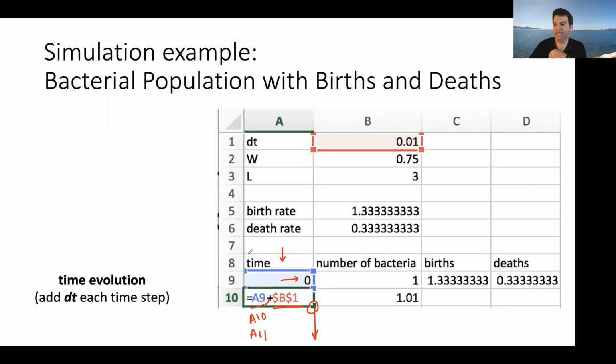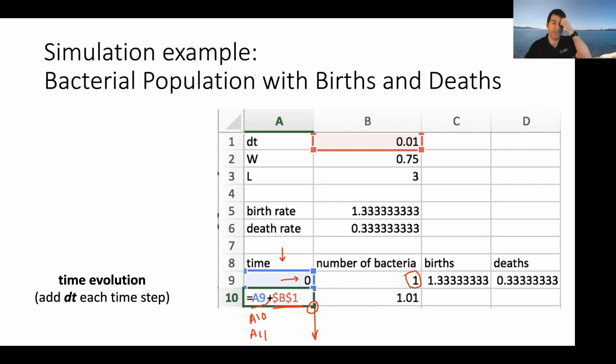And that is just there to allow me to calculate the time at the next DT time step. So then for the rest of this, I also need to fill in manually the number of bacteria, initially 1.